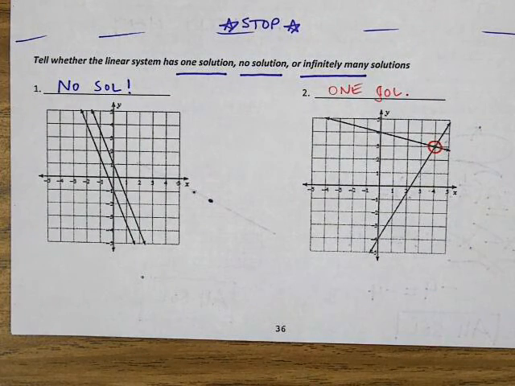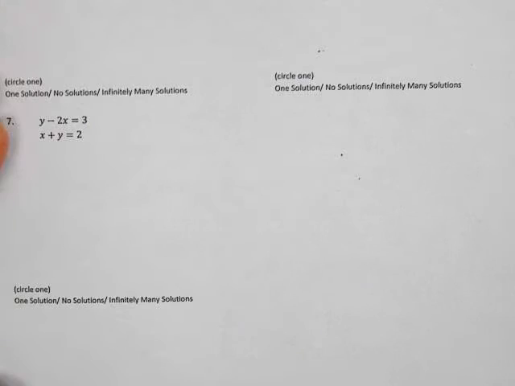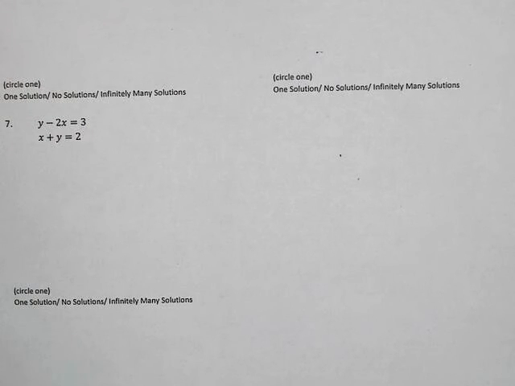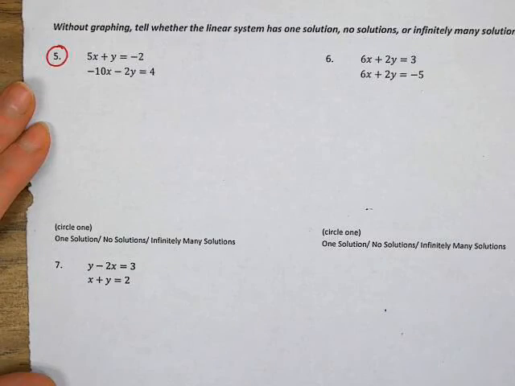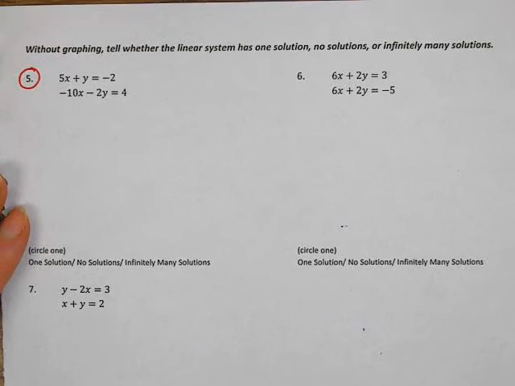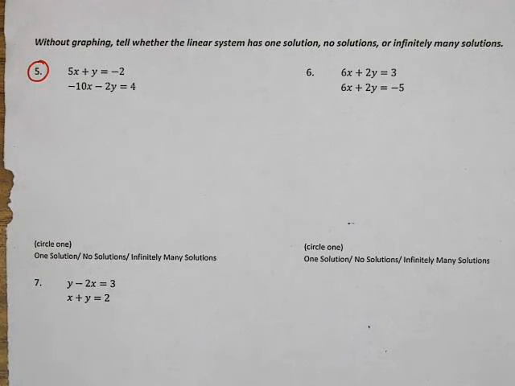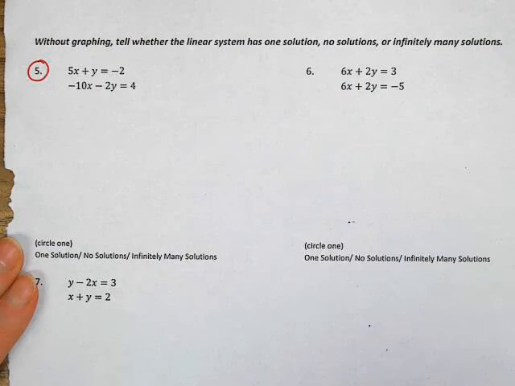All right, I'm going to solve one of them just to practice. Let's do number 5. All right, so this would be a great time for you guys to pause and try it. We're going to solve it and see if it's the normal one solution or no solutions or infinitely many.